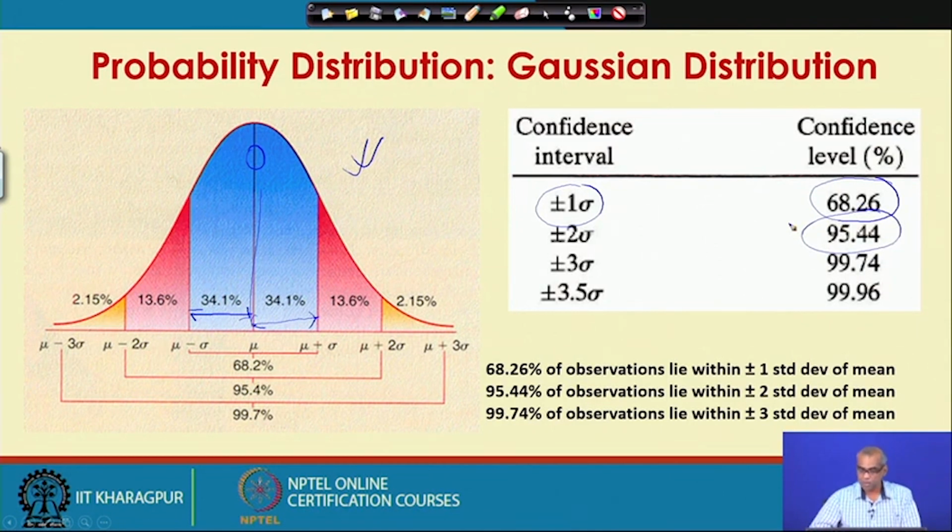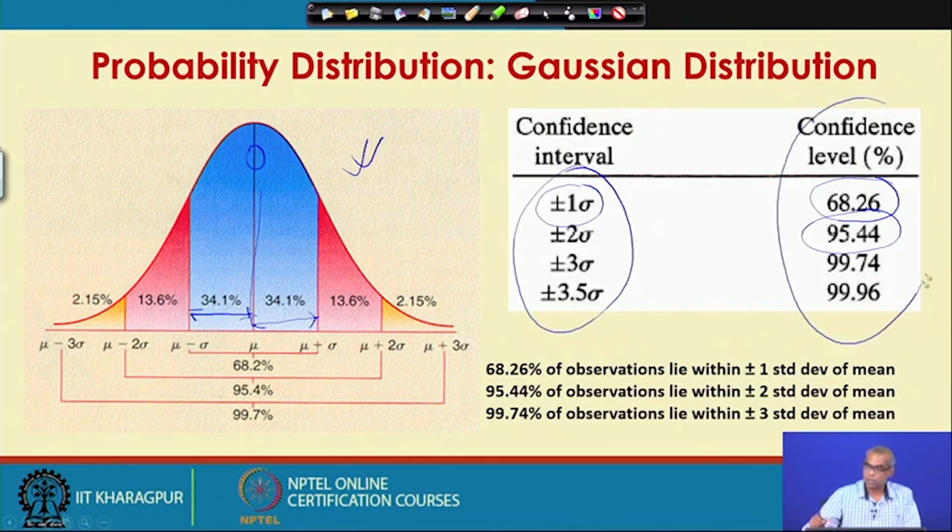Similarly, 99.74% observations will lie within plus minus 3 standard deviations of the mean. So, these confidence intervals or these confidence levels can be computed for the normal distribution function. Remember these numbers. This is a very interesting property of normal distribution.